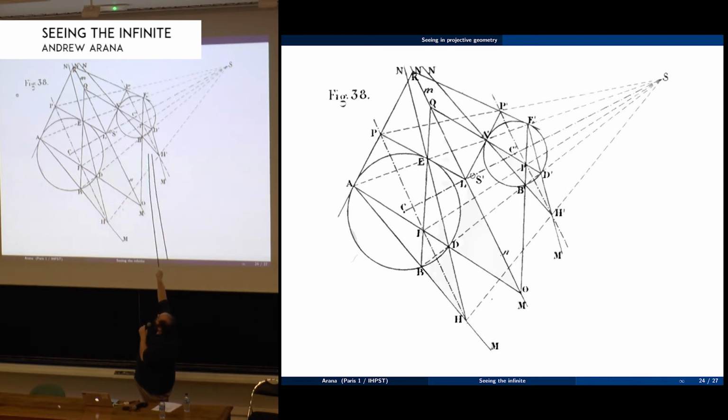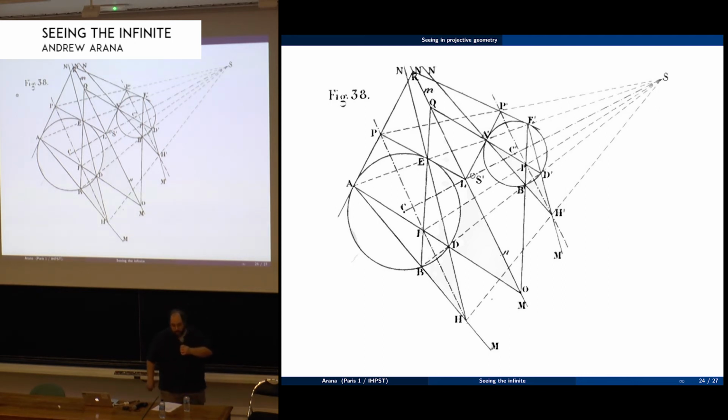Also ED and E prime D prime are parallel. So these two pairs of lines each have a point at infinity where they meet. And the line that connects these two points at infinity, which is of course also a line at infinity, turns out to be a common secant to these two circles, because again of this harmonic condition.